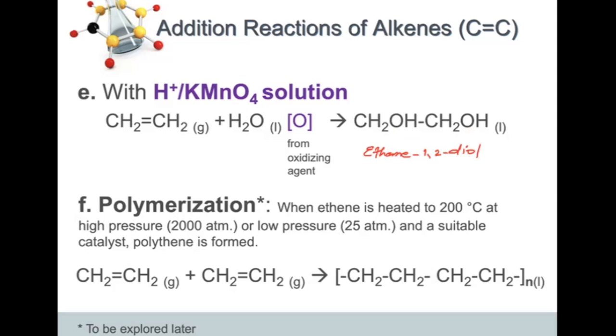And then the last one is polymerization, which we're going to be looking at a little later on. That's why there's an asterisk there, so we can give it its own time. So when ethene is heated to 200 degrees Celsius at high pressure, around 2,000 atmospheres, or even at low pressure, 25 atmospheres, and a suitable catalyst, we get polythene.